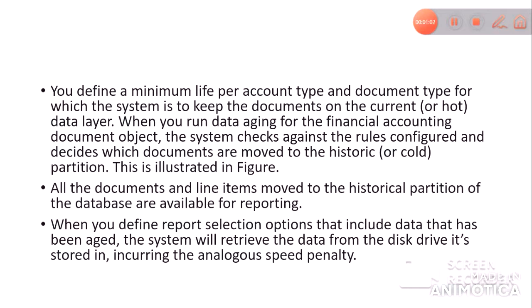We have seen that in the previous slide. All the documents and line items moved to the historical partition of the database are available for reporting. When you define report selection options that include data that has been aged, the system will retrieve the data from the disk drive it is stored in, incurring the analogous speed penalty.